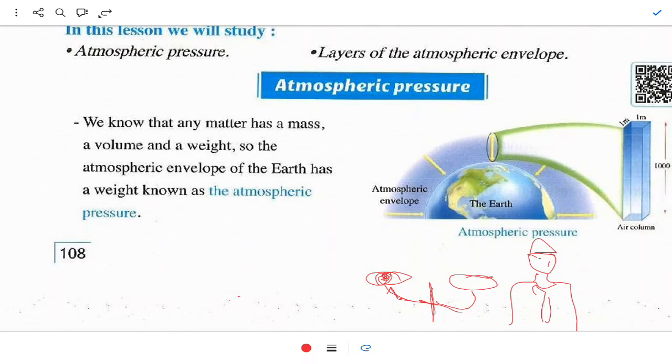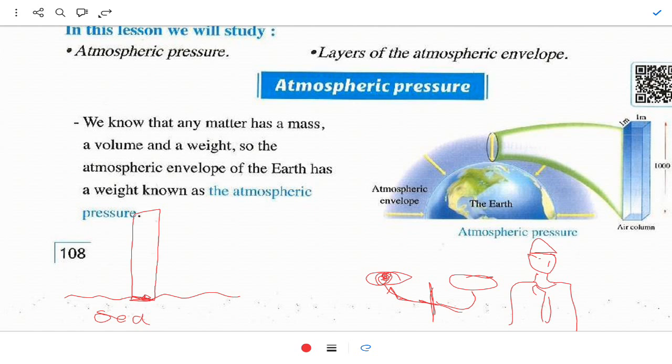This is the sea level. This is the sea, so it is the sea level. I want you to measure the mass of an air column. Yeah, I want you to measure the air column. This air column extends to 1000 kilometers, the length of the atmospheric envelope.